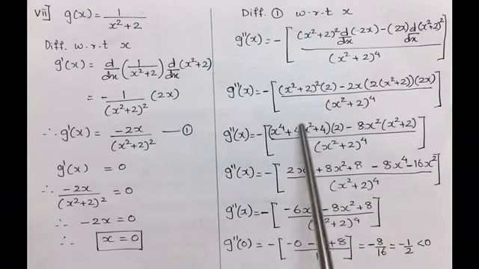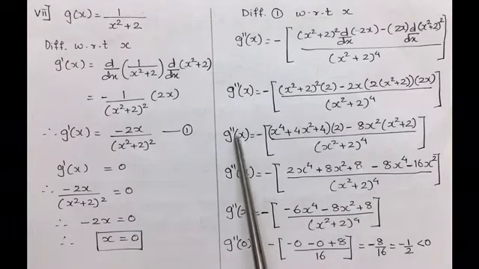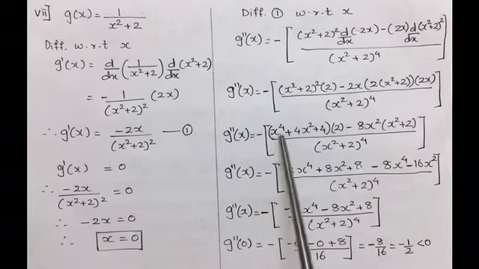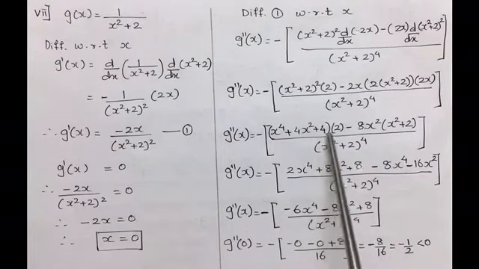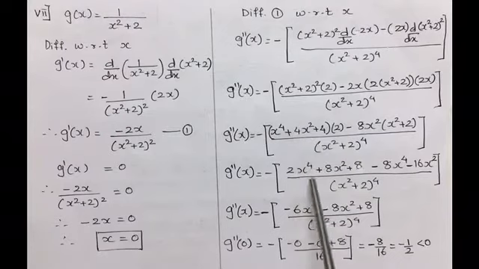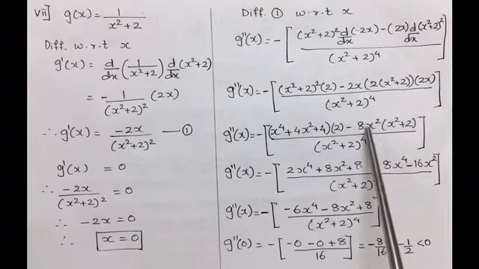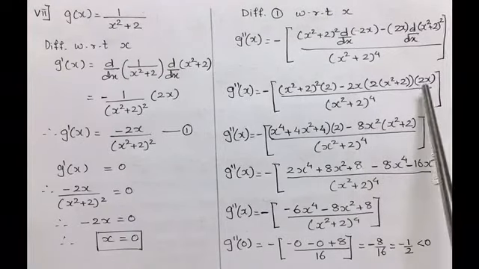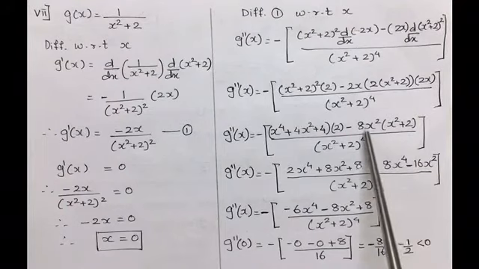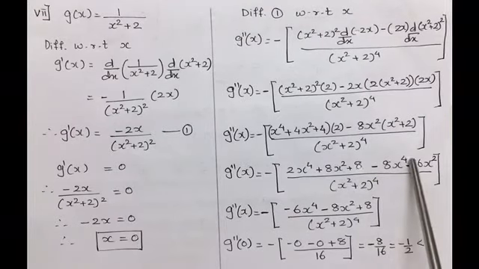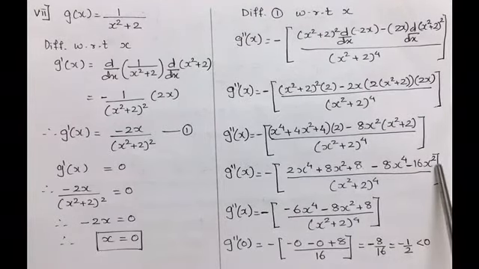Now expanding the bracket, g double dash x is minus sign as kept outside, x raised to 4 plus 4x square plus 4, multiplying it by 2 here, we get 2x raised to 4 plus 8x square plus 8, and multiplying all these brackets, we get 8x square into x square plus 2, and again opening it, we get minus 8x raised to 4 minus 16x square.